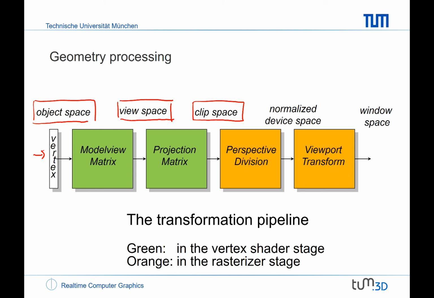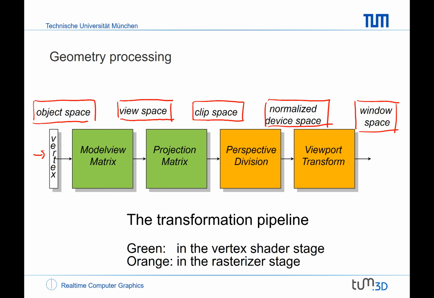And after that, we are then in what we call the normalized device space. That is a two-dimensional space, essentially, with all the coordinates of the visible parts of the scene between -1 and 1. And then comes the final viewport transformation, which essentially takes these normalized device space coordinates and projects them into, let's call it pixel coordinates, or just coordinates in the so-called window space or viewport space.